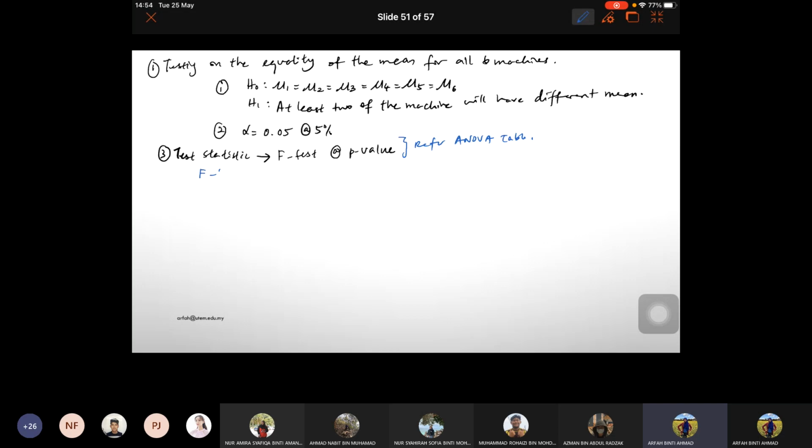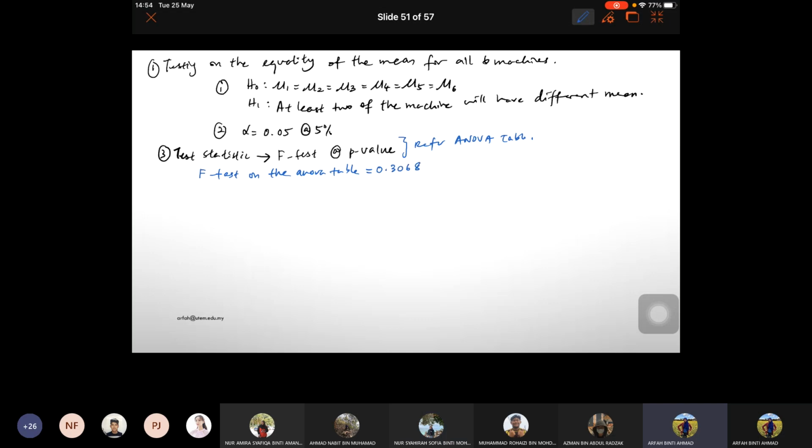Katakan saya guna F test. Okay. On the Anova Table dapat sama dengan berapa? Refer Anova Table balik dapat berapa dia punya F test? 0.3068. Okay.